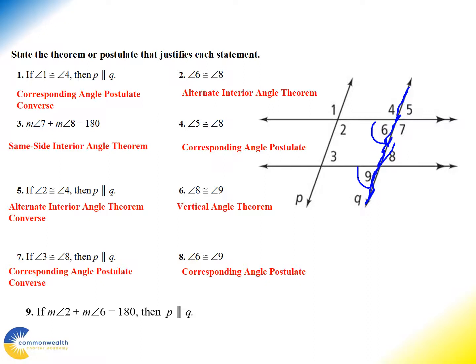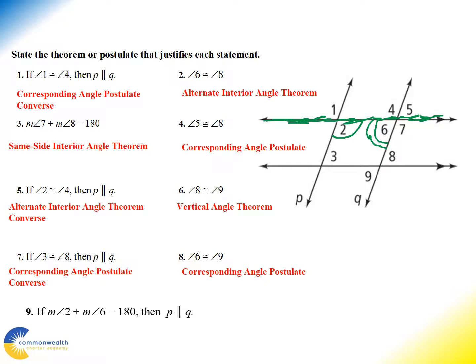And then lastly, we're given that the measure of angle 2 and the measure of angle 6 add up to 180, which means they're supplementary. So those two angles share this top line as a transversal. So it's not going to help me define any relationship between the two horizontal lines.